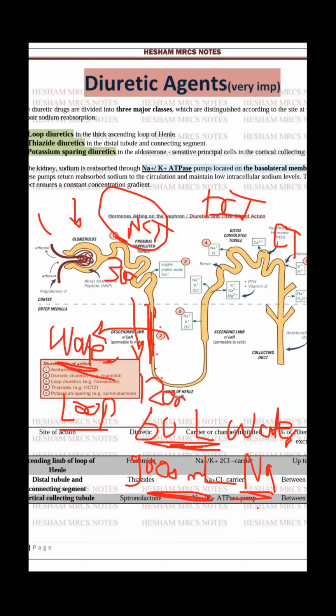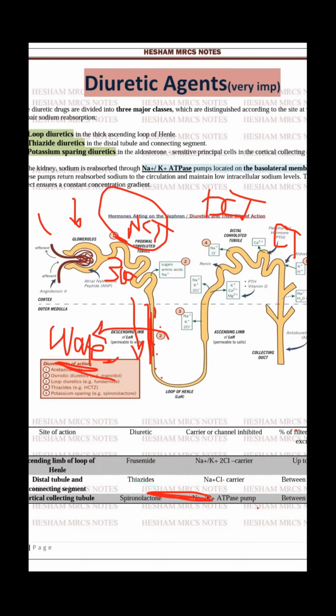Again, the descending limb of the loop of Henle is part of the countercurrent multiplier mechanism. The proximal and distal convoluted tubules are found within the cortex, while the descending loop of Henle, ascending loop of Henle, and some part of the collecting tubule are found in the medulla. Here is the medulla and here is the cortex. The medullary interstitium osmolarity increases by passing of water through the descending limb from 300 to 1,200 below.